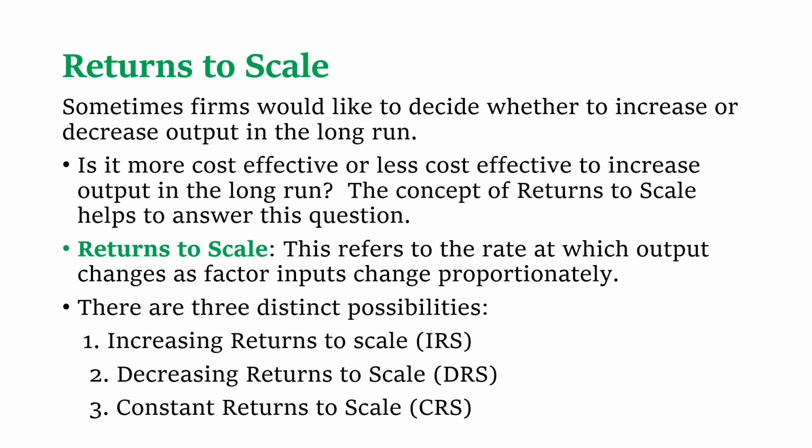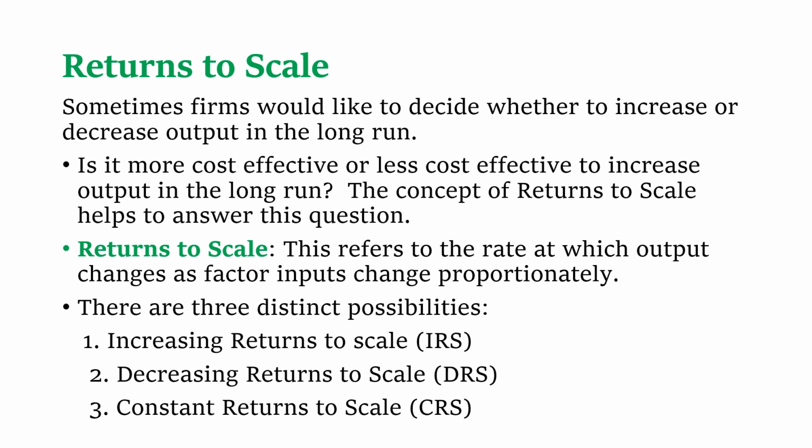So if the farm experiences constant returns to scale, it doesn't matter whether he expands his business or maybe shrinks his business. It doesn't matter whether he operates a small plant or a very big plant. But it does matter if the farm's production function exhibits decreasing returns to scale.